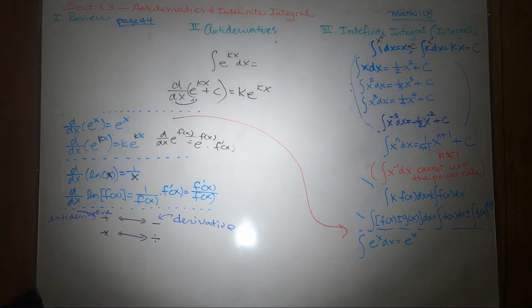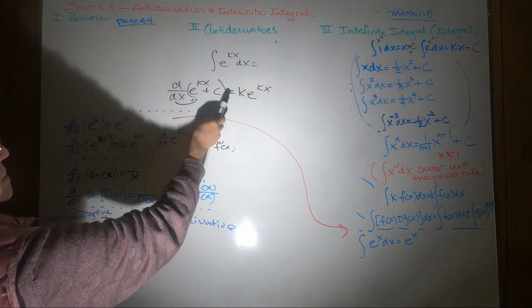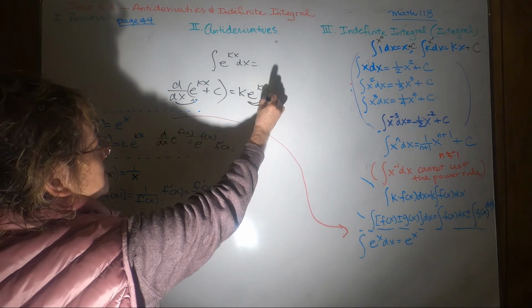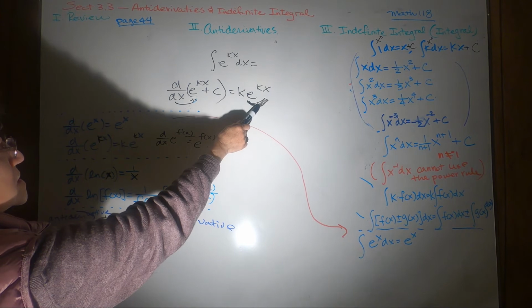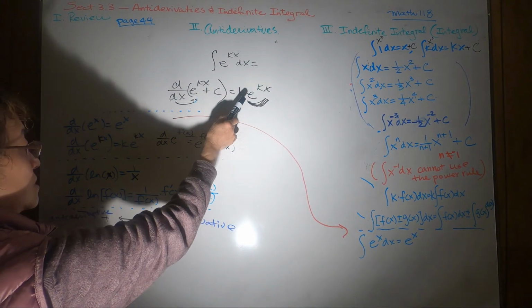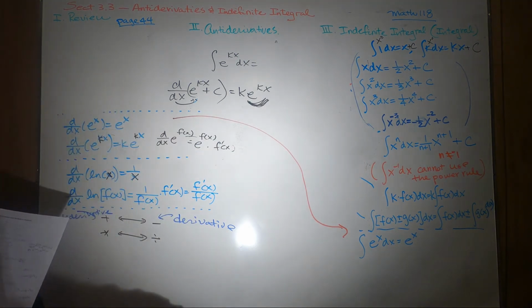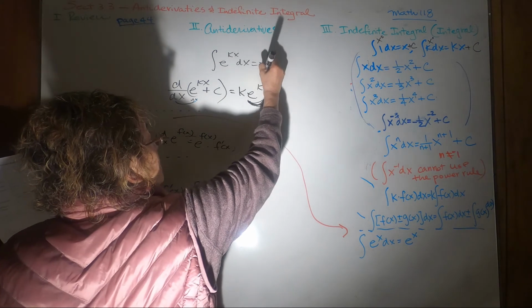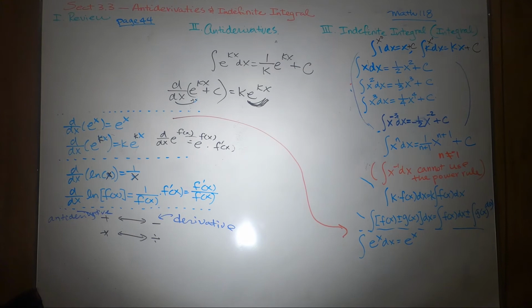So if I do the antiderivative from here, I still keep the same, but instead of multiplying by k, I only have 1/k of it. So I will have 1 over k e to the kx plus an arbitrary constant.